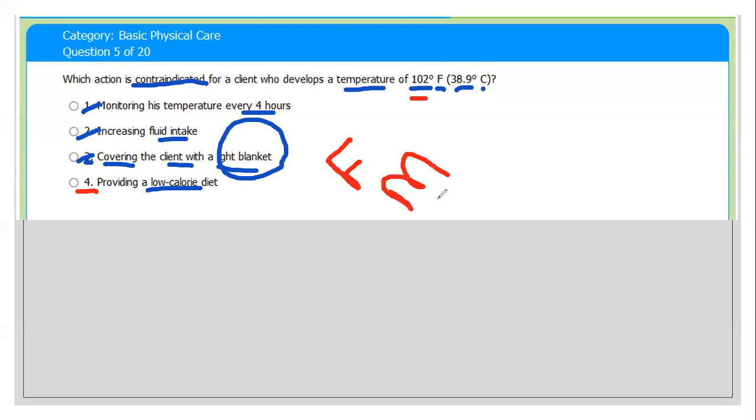If metabolism increases, your food undergoes chemical reactions. Calories are broken down, so you feel weak. Your body needs to produce more heat, so you need more calories. So providing a low calorie diet is contraindicated because you have to provide high calorie food, right? So it is the answer.